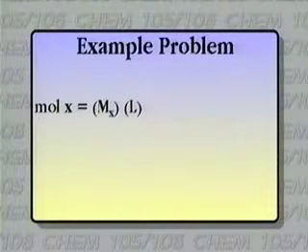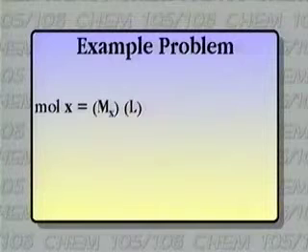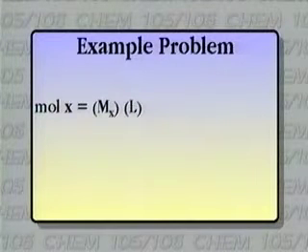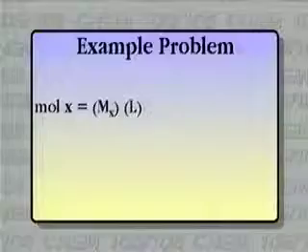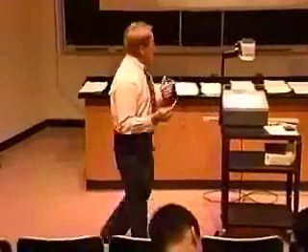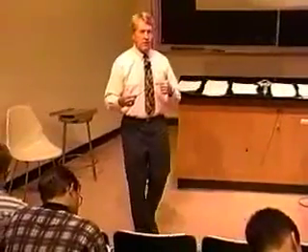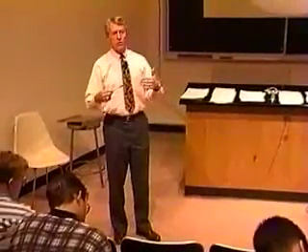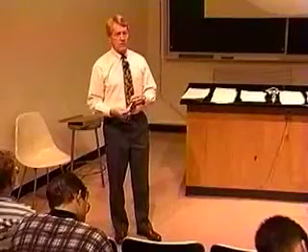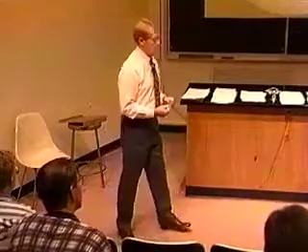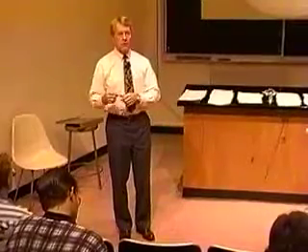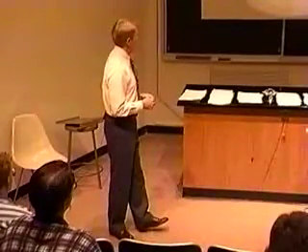So anytime we multiply molarity times the volume expressed in liters, we're going to have the number of moles of solute calculated. So if we carry out this step and determine the number of moles of solute, then obviously we can go from there to determine the number of grams of solute that we have in the system, or that we need to prepare the system. Either way we want to look at it.